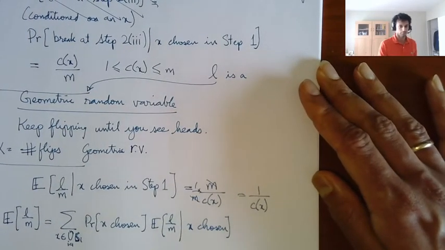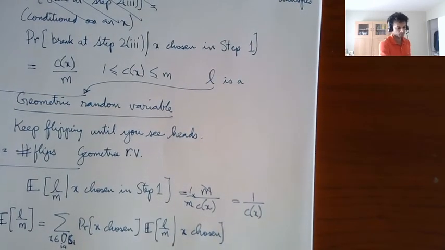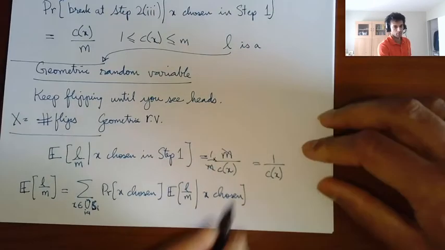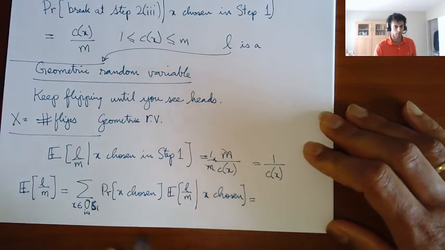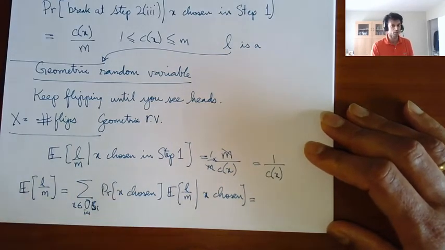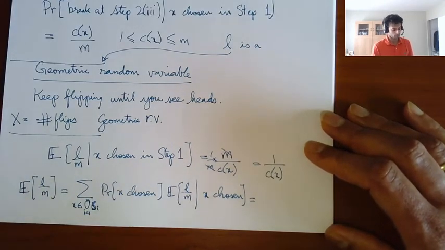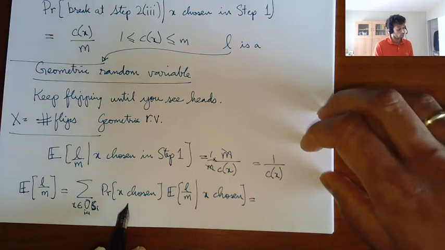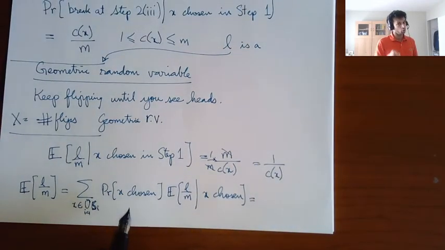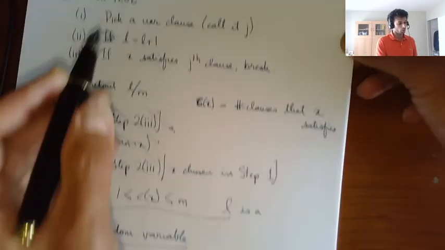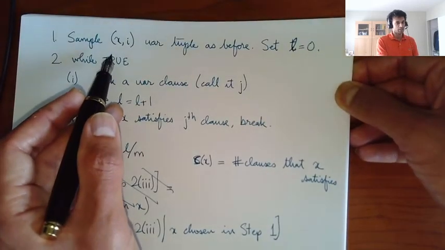Okay. So what do I get here? What is the probability that x is chosen? Not a tuple xi. What is the right probability that I actually sampled x?